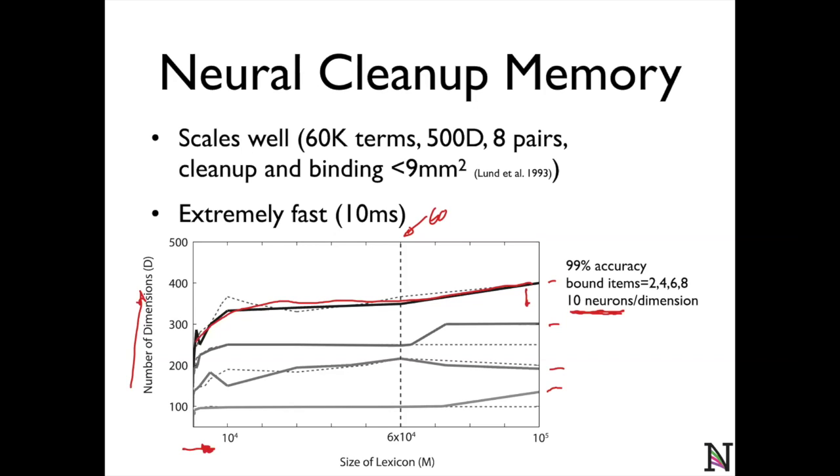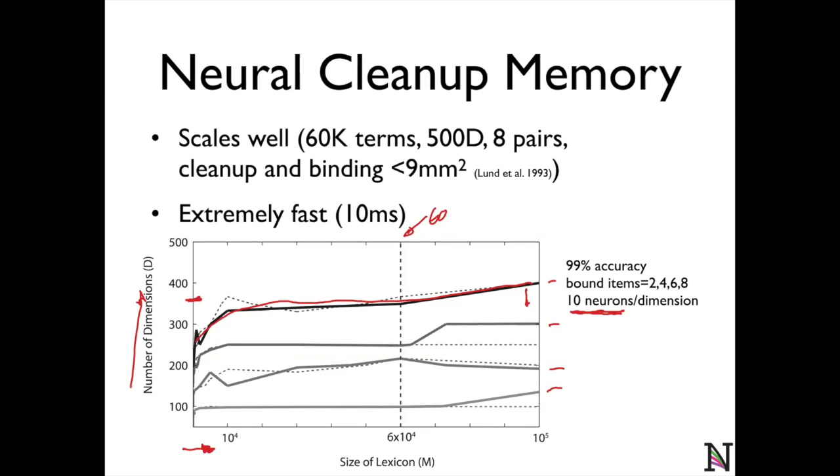Each one of those terms is like, you know, cat, dog, the things that Terry was adding in. So 60,000 is lots. And we can still, with just less than 400 dimensions, decode 8 pairs of those things bound and summed together with 99% accuracy.